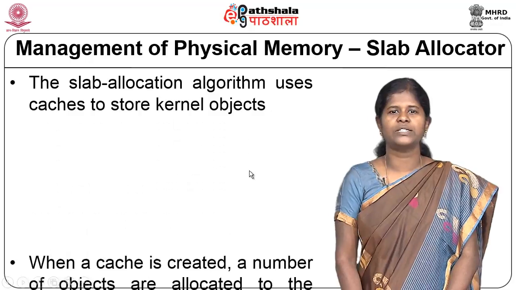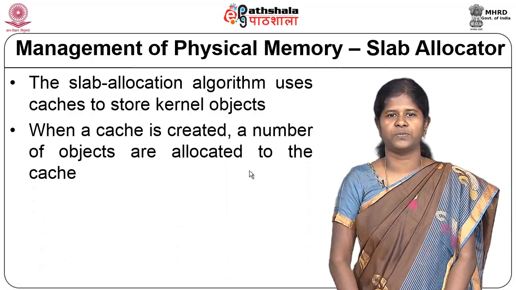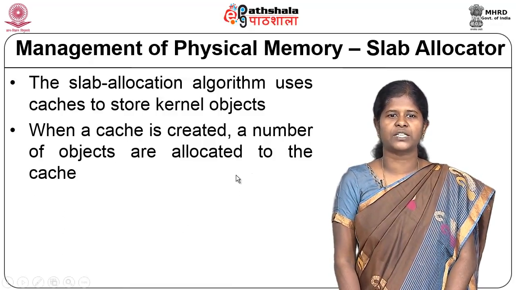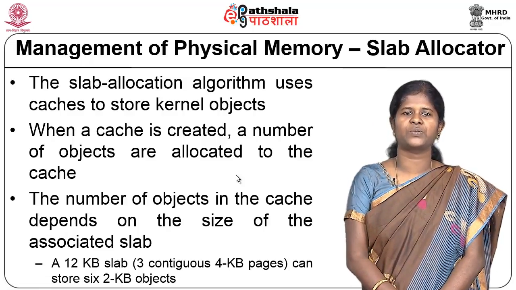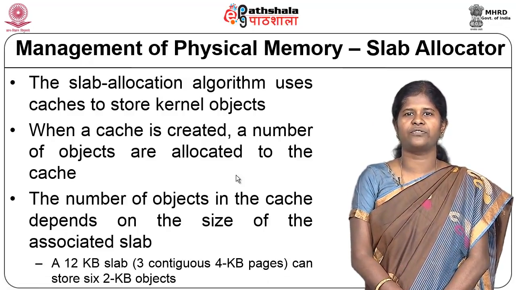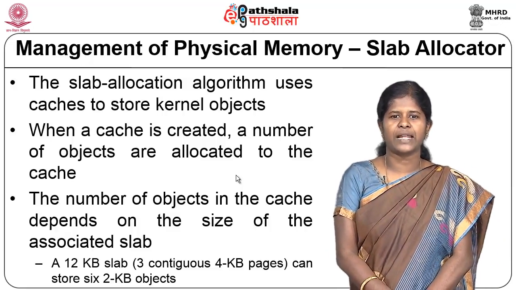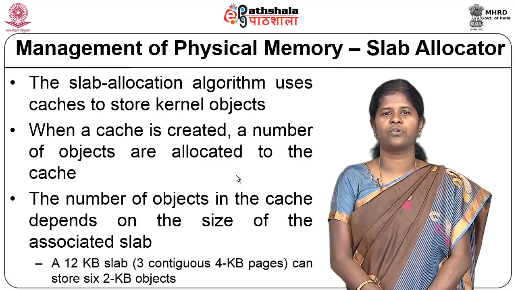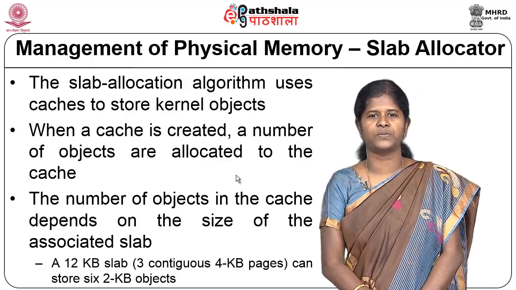Now we will see how the slab allocation algorithm works to store kernel objects. When a cache is created, a number of objects are allocated to the cache, and the number of objects in the cache will depend on the size of the associated slab. So, if you have a 12 KB slab which is comprised of 3 contiguous 4 KB pages, it can store 6 2 KB objects.